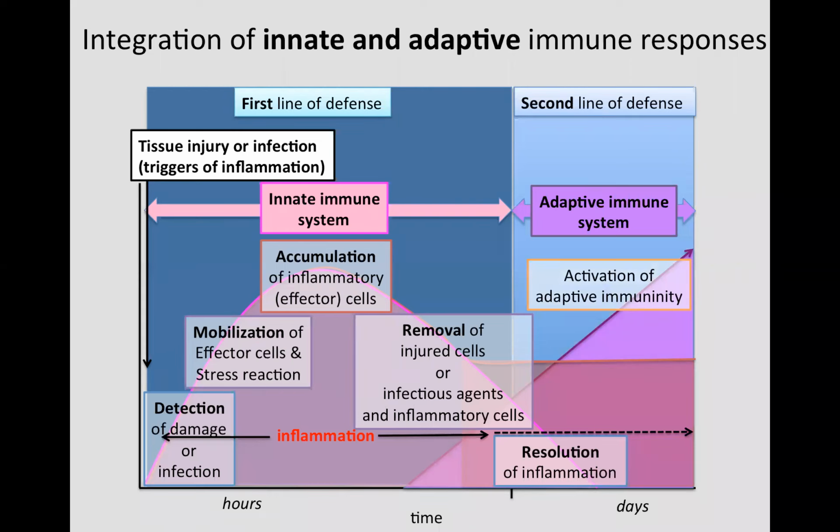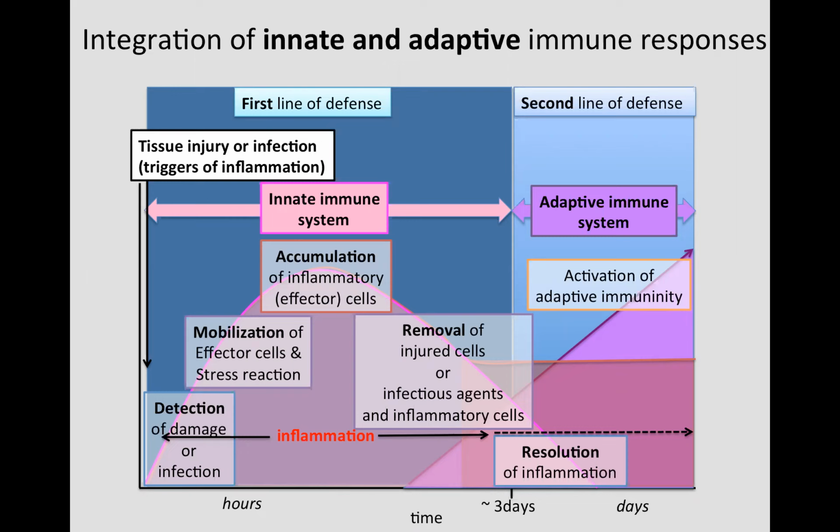We will take a deeper look into the first part, the inflammation, the first line of defense. Usually we make a distinction that within the first 3 days, we can see most of the innate immune system's action. And afterwards, we can see the activation of the adaptive immune system.